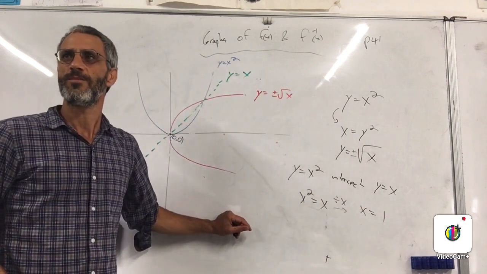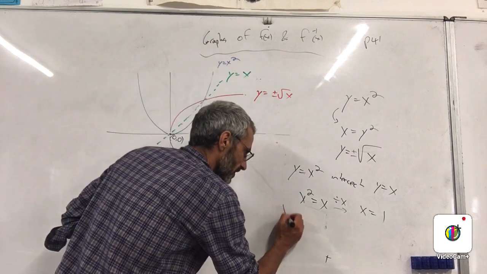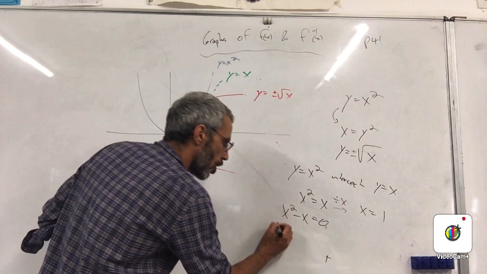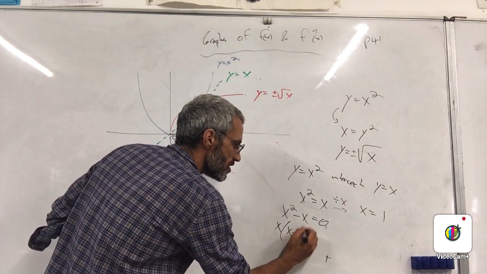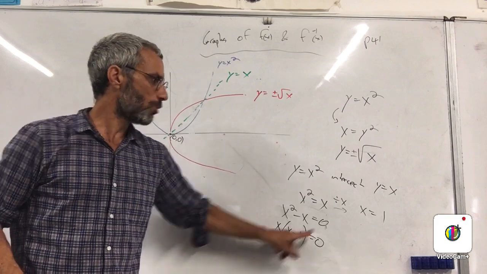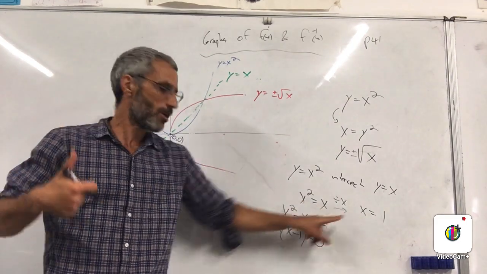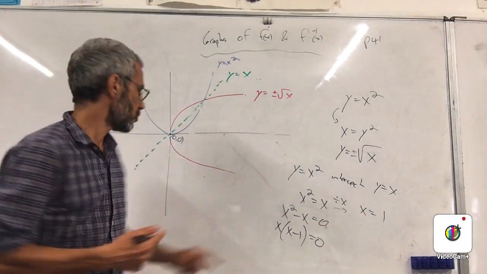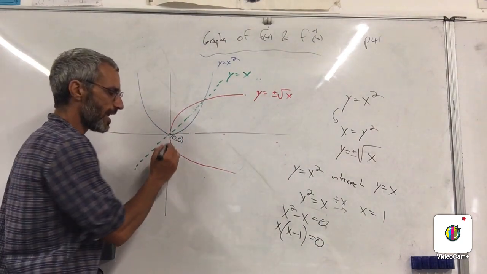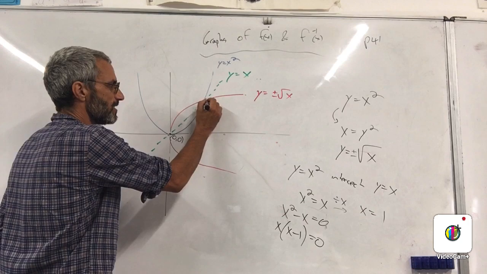Honestly, you take the common factor. First of all, move it to the left, take a common factor, and then you're going to get that. And now I have two solutions. x equals 1, which we would have got here, but we would have lost x equals 0, which we know these two will also intersect at. So x equals 0, and the other one is x equals 1.